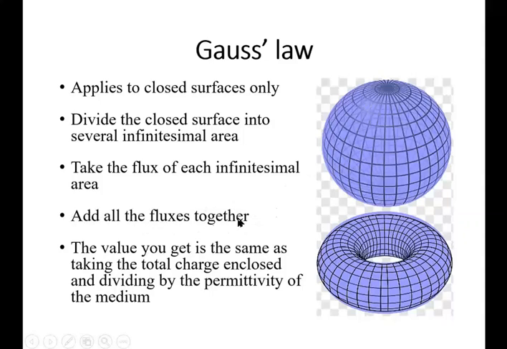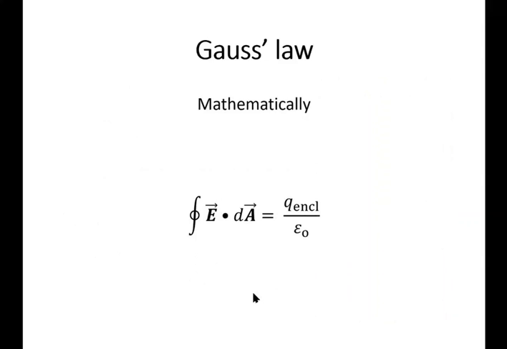If we add them for this sphere, then Gauss law is telling us that it will be the same as taking the charge enclosed within the sphere and dividing it by the permittivity of the medium. Every medium has a property called the permittivity, and we are almost always going to use the permittivity of free space. So we are going to assume that the charge is in free space.